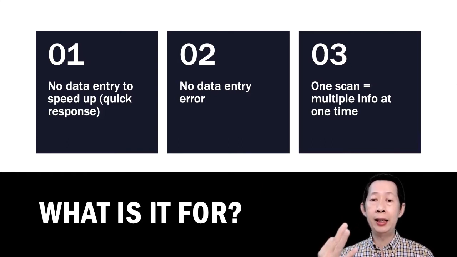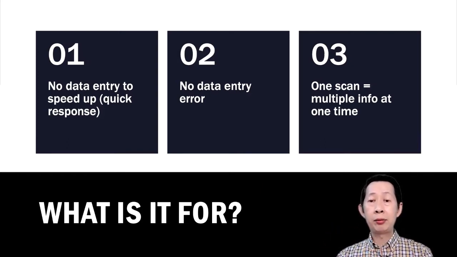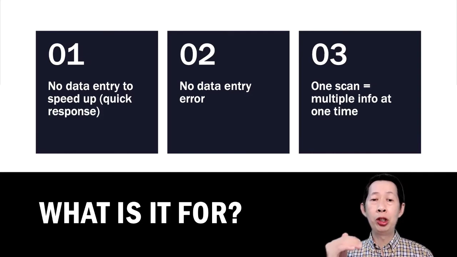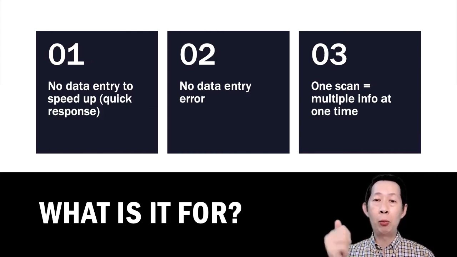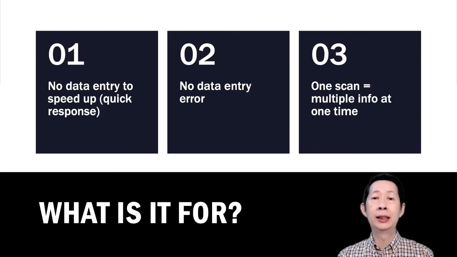The third thing is that with one scan, you can pass multiple pieces of information immediately. I'll show you how. With the old barcode, if I have three pieces of information, I have to scan three times. But with a QR code, I can have four or five pieces of information, and with one scan everything is transferred. This is so much faster.